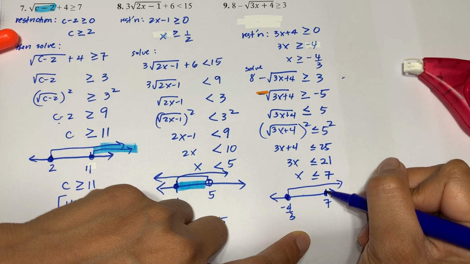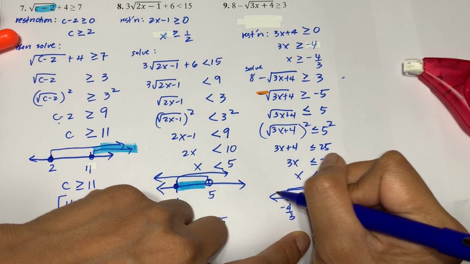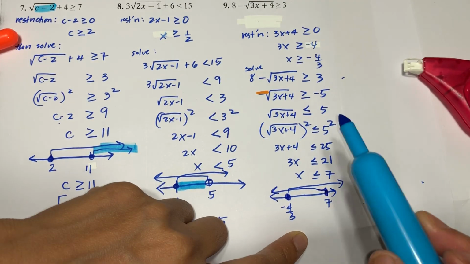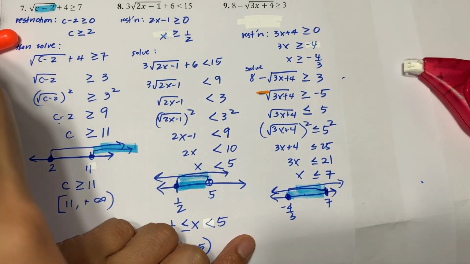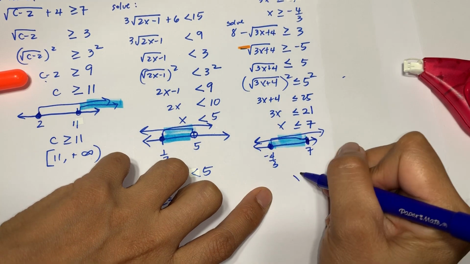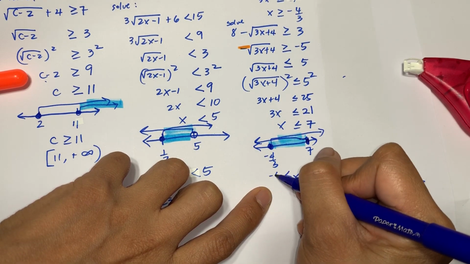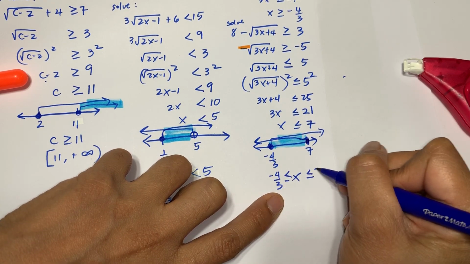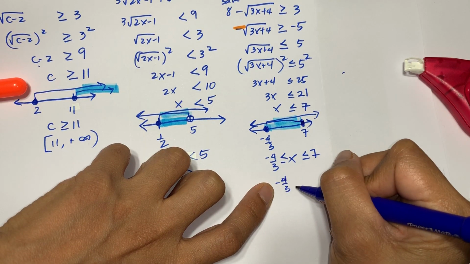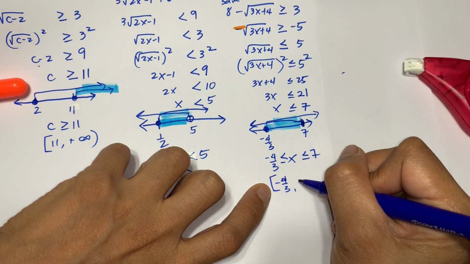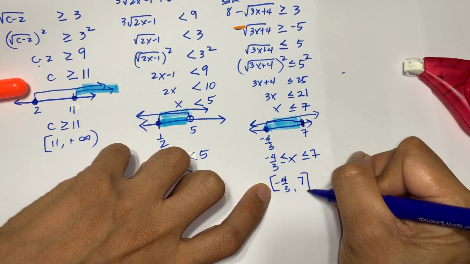This one is close to the left. Therefore, they overlap over here. That's the overlapping area. So that means x is between negative 4/3 and 7, or negative 4/3 inclusive to 7 inclusive.